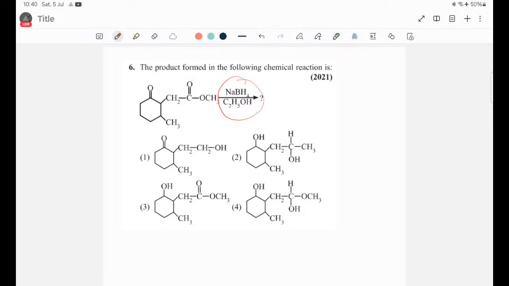It is not like the other reducing agents. It selectively takes part in some kinds of reactions or on some kinds of groups. That's why it has a specialty, and I have already mentioned it in our regular classes. So try to figure out what should be the correct answer in this kind of question.